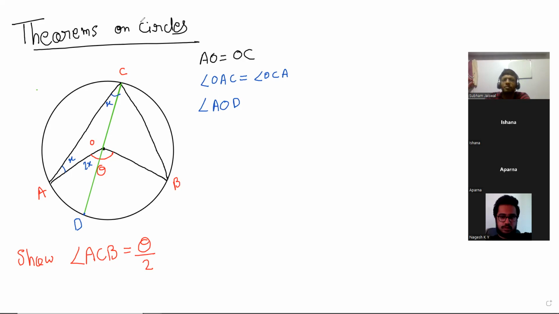And similarly, if you take the triangle OCB, you will get DOB equal to twice of angle OCB. This is nice, right? Okay. So then the angle at the center is twice.